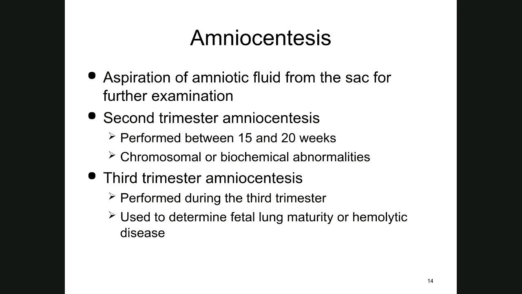You'll remember that happens around 10 to 13 weeks. So we can use an amniocentesis. It's too late to collect the chorionic villus, but we can get some amniotic fluid. That amniotic fluid will have some fetal cells in it, so that can help to diagnose both chromosomal and some biochemical abnormalities with the fetus.